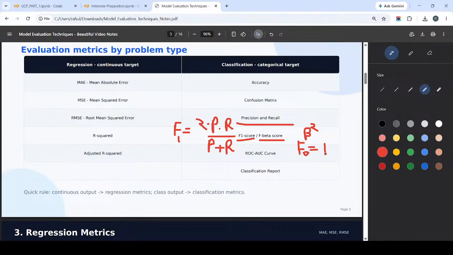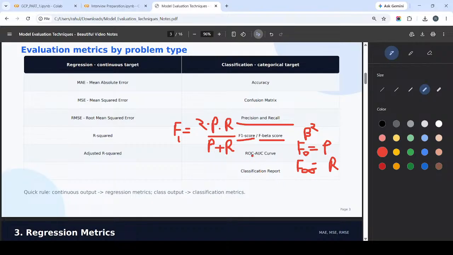In that case, the value of F0 will be precision. And if we give very high importance to recall and keep it as F infinite, then we have the value as recall for every score.